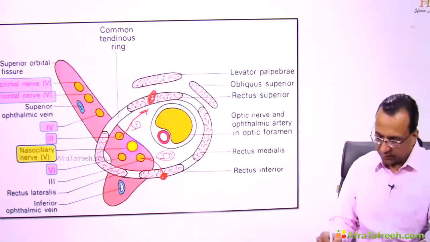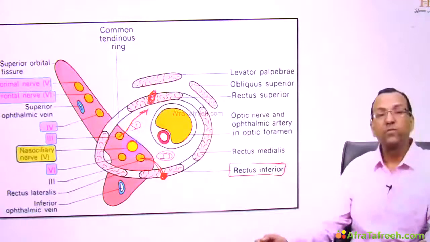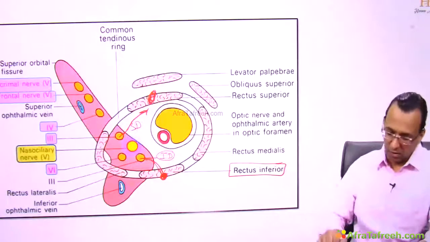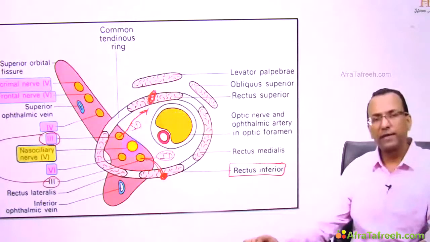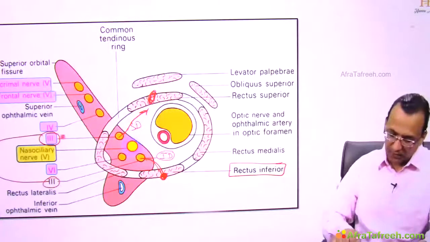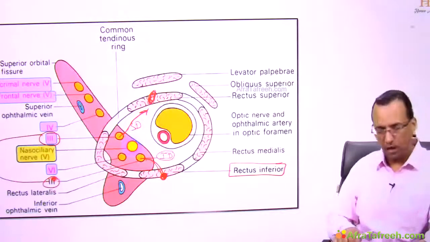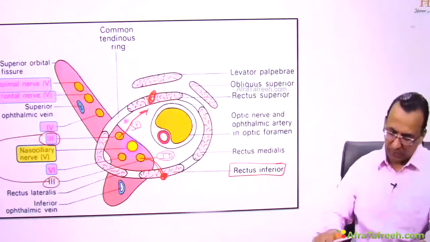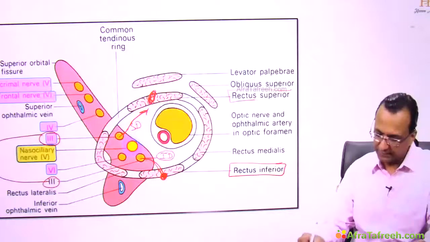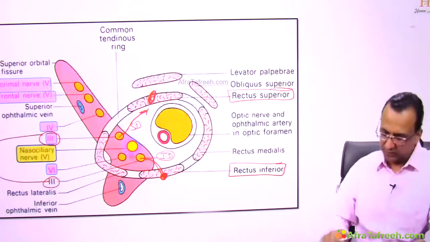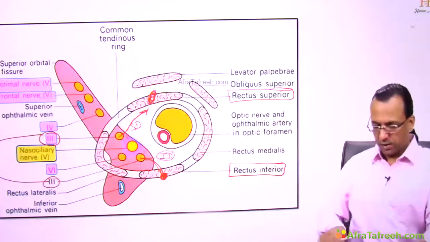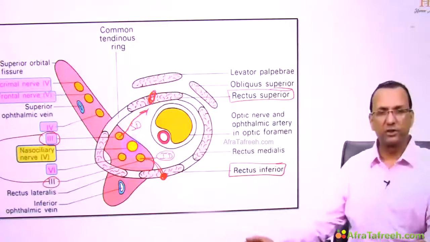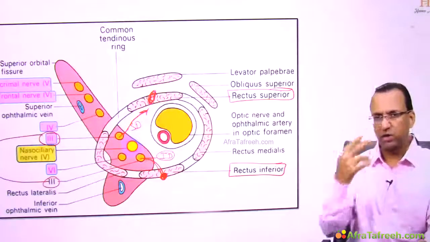Yes. That is why, understand, when the third nerve passes through the ring of Zinn, it has 2 divisions: a superior division to supply the superior rectus, and an inferior division supplying the inferior rectus. Okay, so there are actually 4 nerves inside the ring of Zinn now. Yes, the 2 divisions of the oculomotor are also there.